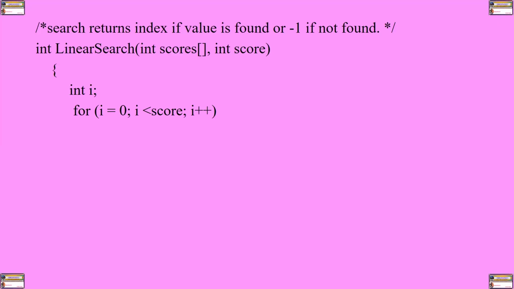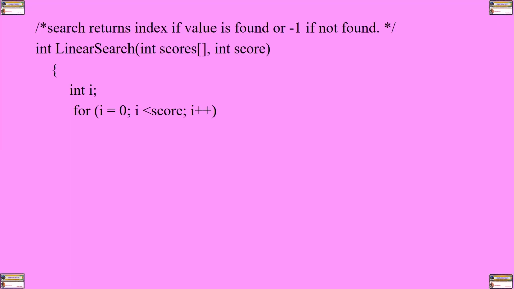Next, the second part of this for loop, which is I less than score, is telling the compiler or the processor to compare the value which has been received in the parameter score with the value in the memory location I. At this point, my dear students and the rest of the learners, in the memory location called I we already have 0 assigned, while in score we are going to have the value which has been passed to this function from the main.